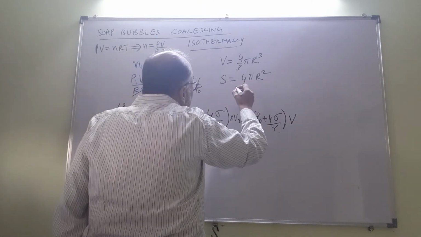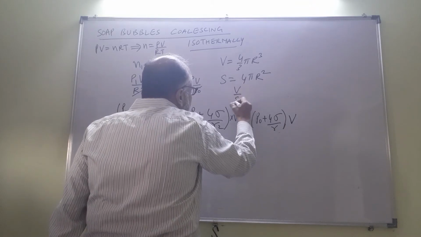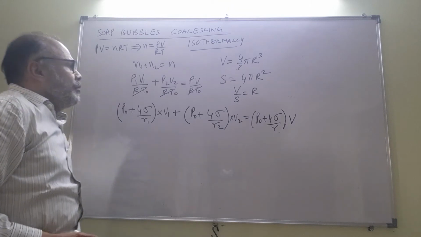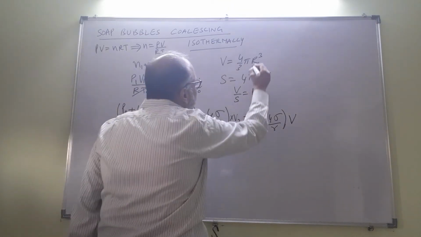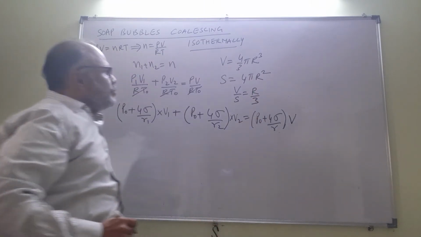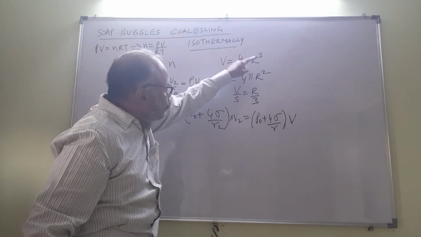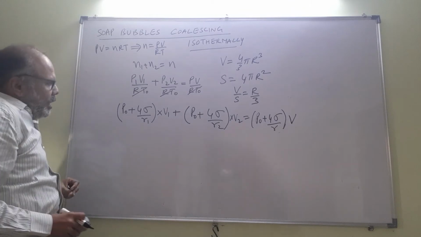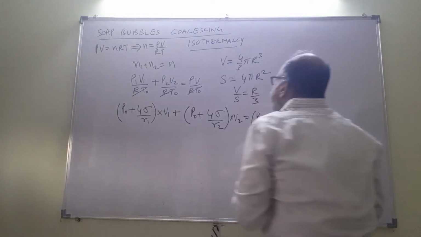So therefore, we can get the ratio V by S. V by S, the 4 pi cancels, r cube by r squared is r, there is a 3 here. So V by S would be r by 3. We can do one thing here.